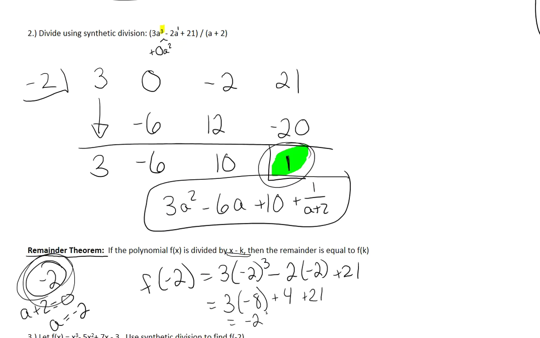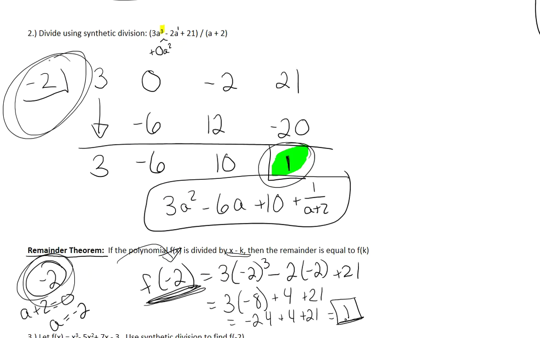That's going to give you -24 plus 4 plus 21. -24 plus 4 is -20 plus 21. That is 1. So again, you can see how that ends up being the same. If I just plug in the number, I can get the remainder. Or if I go through synthetic division, you can see that I can figure out the remainder right there.